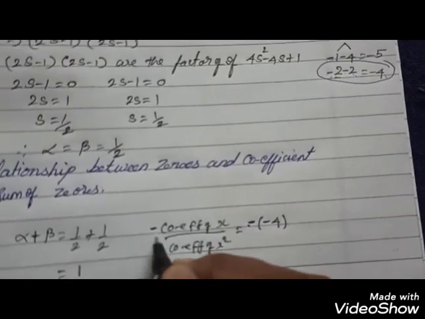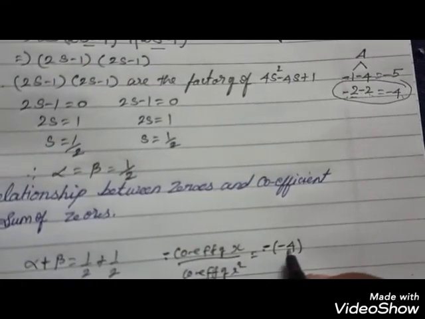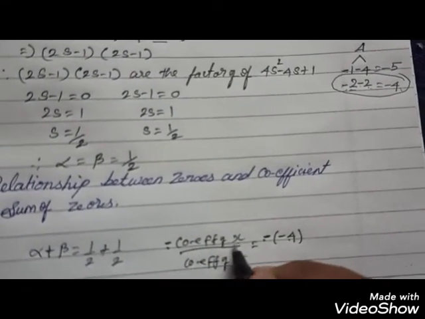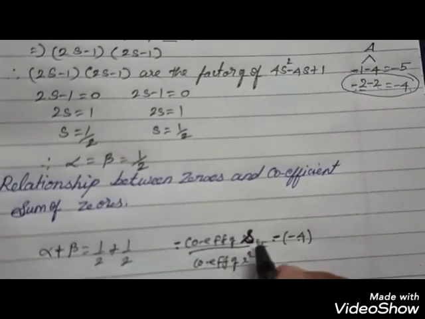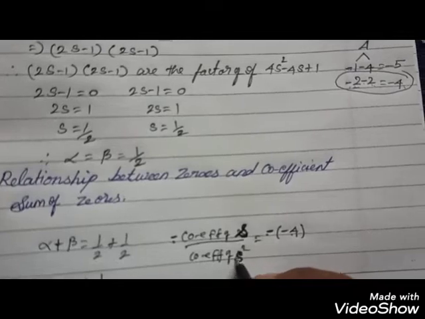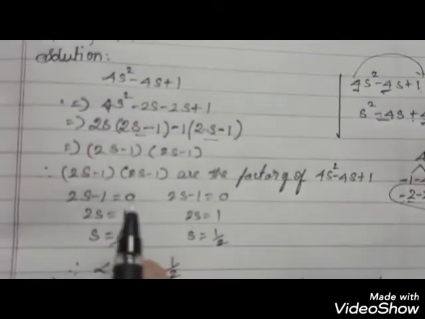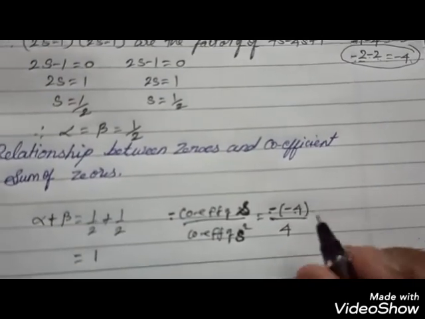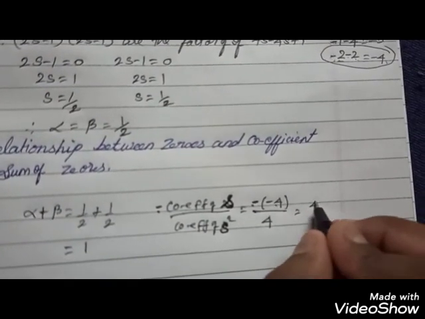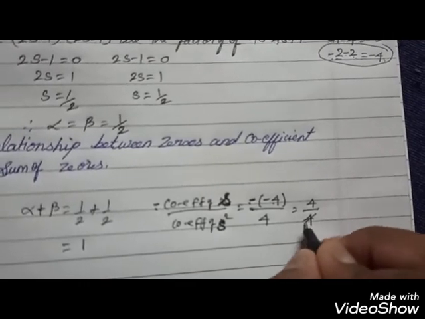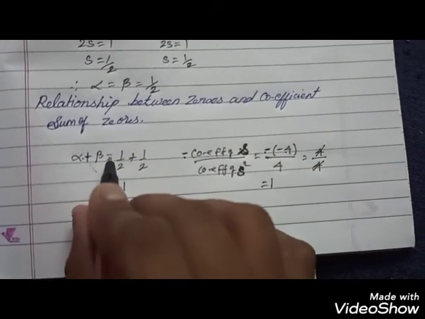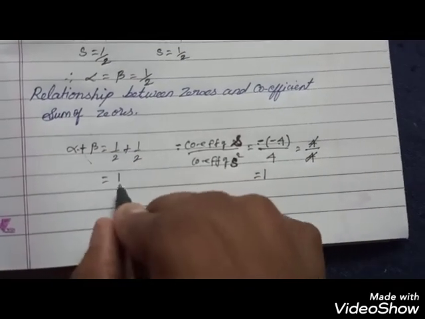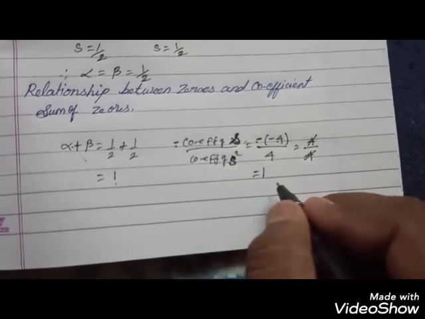This minus is in the formula. Coefficient of s and coefficient of s square, which is 4. So minus into minus plus 4 divided by 4, the 4 will get cancelled. Now you compare alpha plus beta. By using zeros you get 1. By using coefficients you get 1.